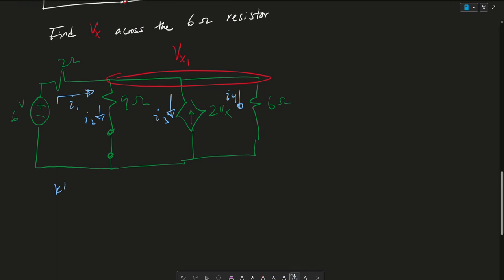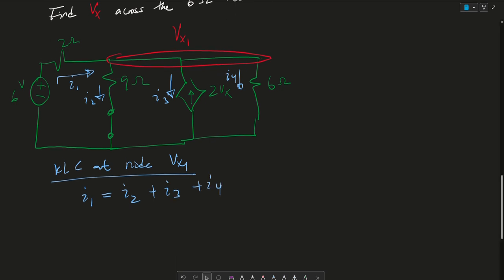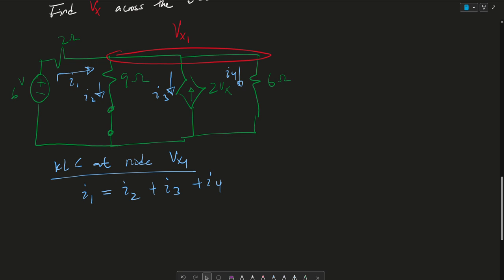So KCL at node Vx1 says that I1 is equal to I2 plus I3 plus I4. Let's go ahead and bring this I1 to the other side. So 0 is equal to negative I1 plus I2 plus I3 plus I4.